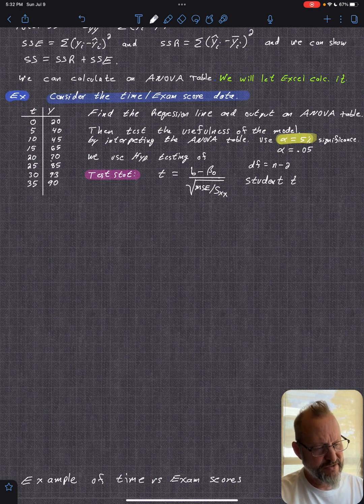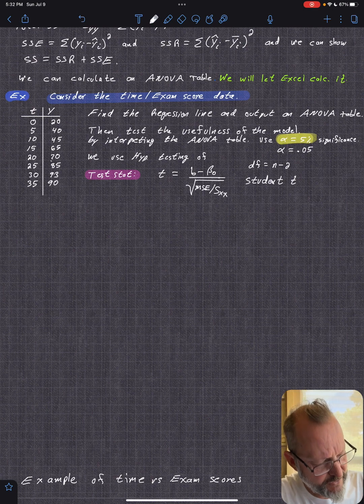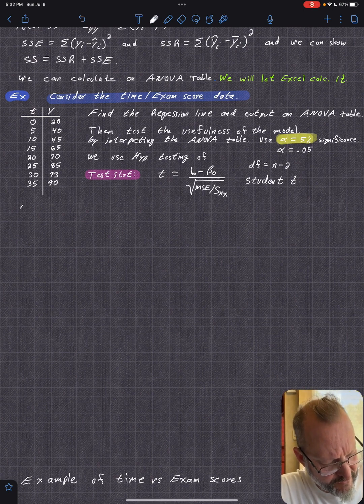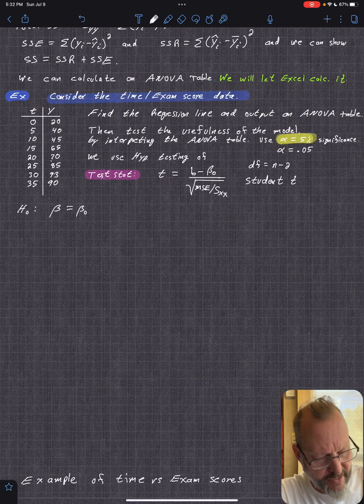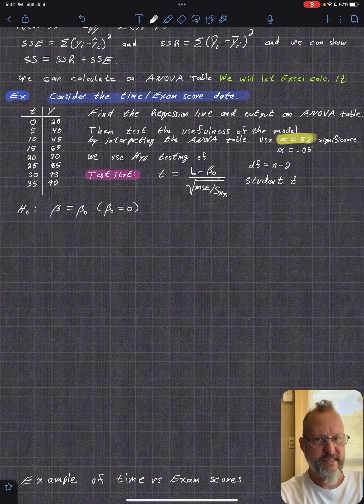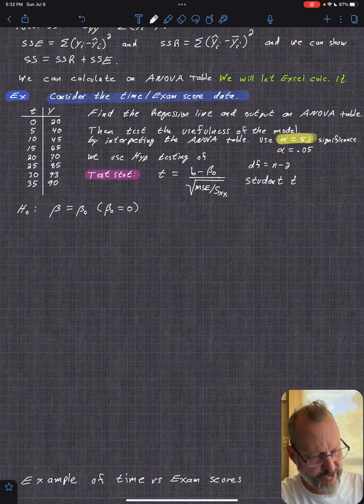This is the student t used for that test statistic to decide whether we accept or reject the null, which is that they're not correlated. The alternate would be that they are correlated. The null H naught is beta equals beta naught, and usually beta naught is 0. So it's not a line, essentially; it's horizontal, there's no correlation.